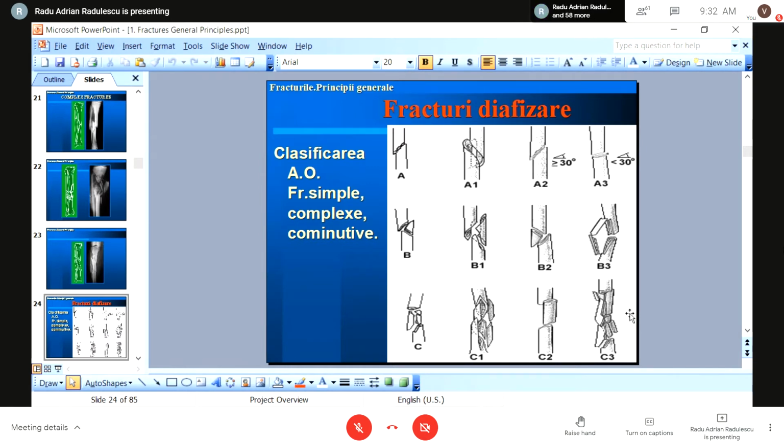I must tell you from the very beginning that even us who are specialists in orthopedic surgery, we don't know by heart this classification system because it's not necessary. If you really want to formulate a precise diagnosis of a fracture using these figures and letters, then you should look in the classification system.